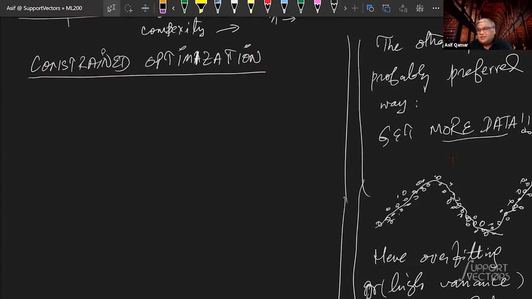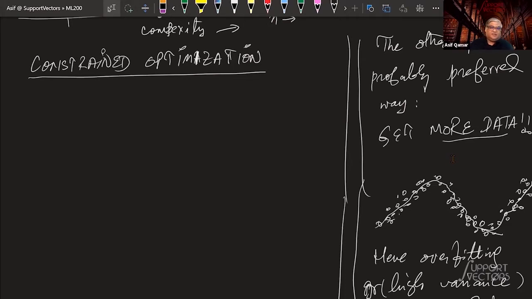Today, based on how much time we have, I'll try to teach you at least three techniques of regularization. And on Saturday, we are going to do a lab on those techniques.